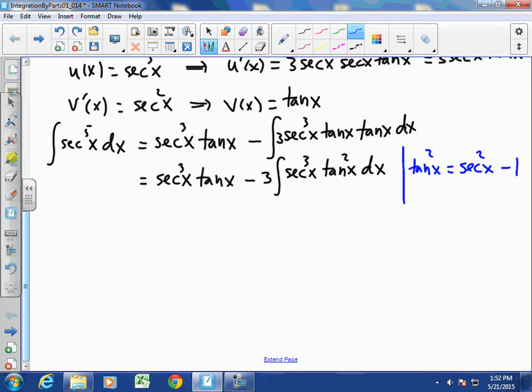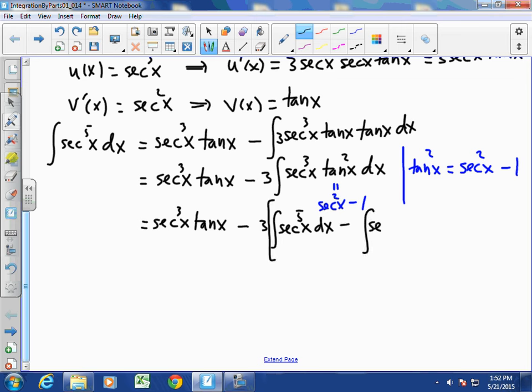So we can replace it, and simplifying will give us secant cube x tangent x minus 3 times the integral of secant cube times secant square, which is secant to the fifth x dx, minus the integral of secant cube x dx.